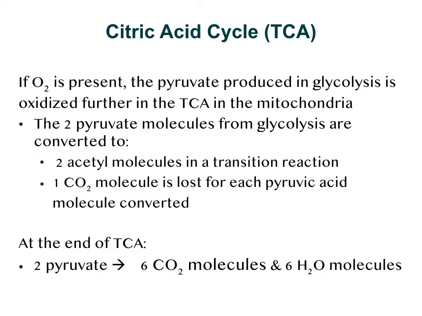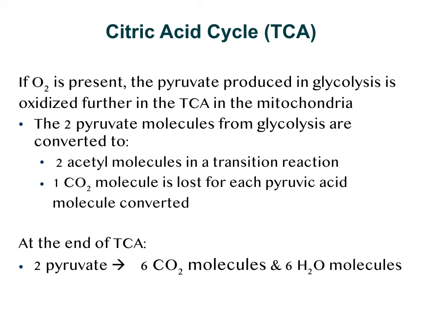At the end of glycolysis, our glucose, which was a 6-carbon sugar, was broken down into 2 3-carbon molecules of pyruvate. And that pyruvate still contains a lot of extractable energy.